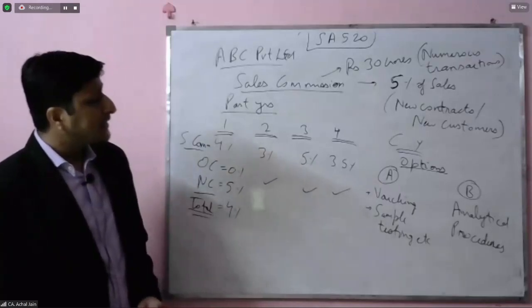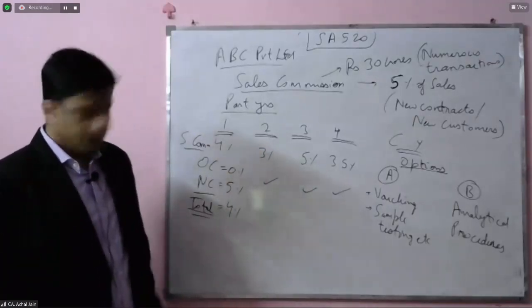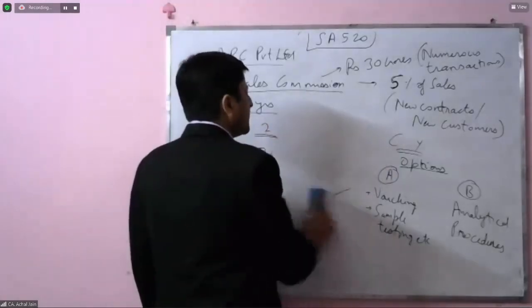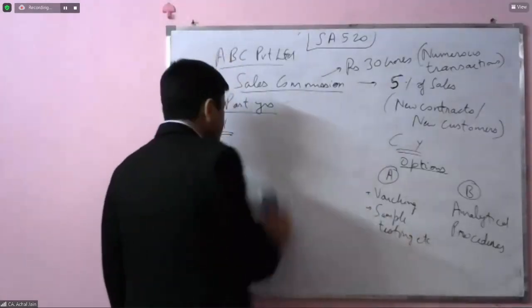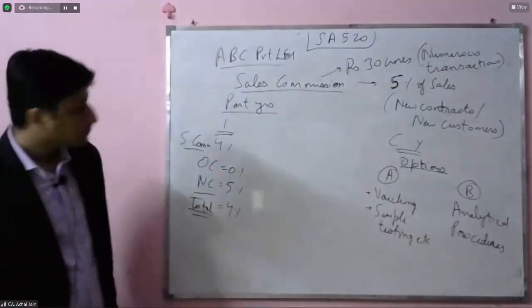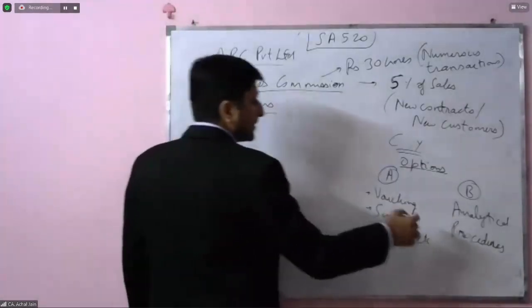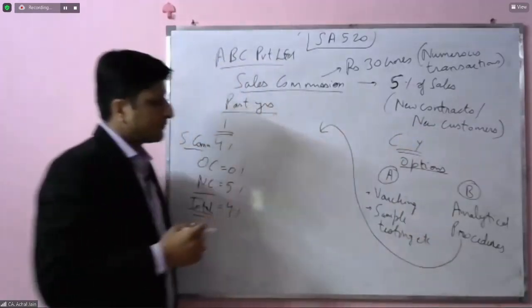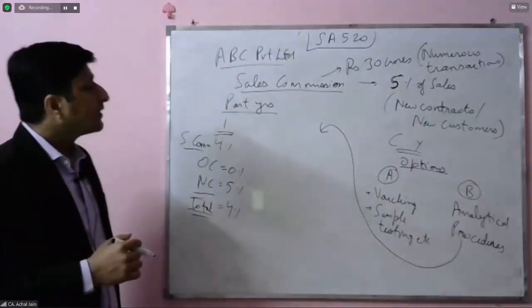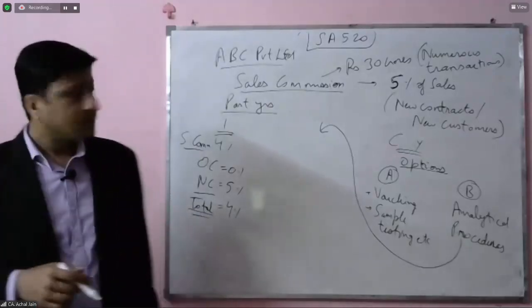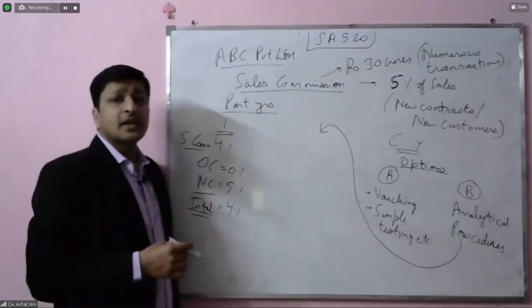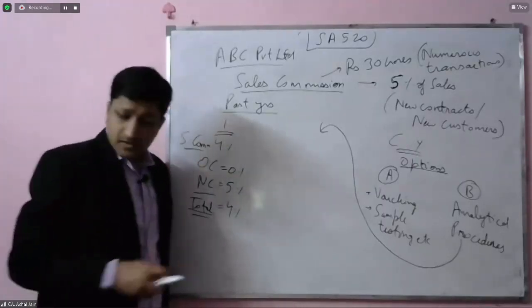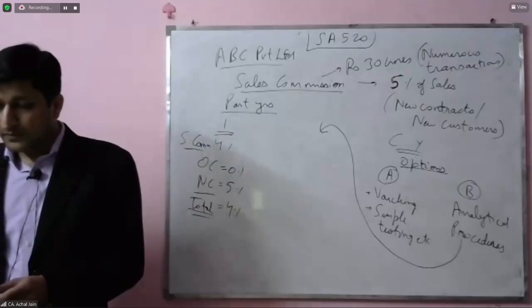In option number B, what would the auditor do? In option number B, the auditor may perform a procedure like this. He may say that for the current year, what's the turnover of the company? This 30 crore, I have to just compute this once.